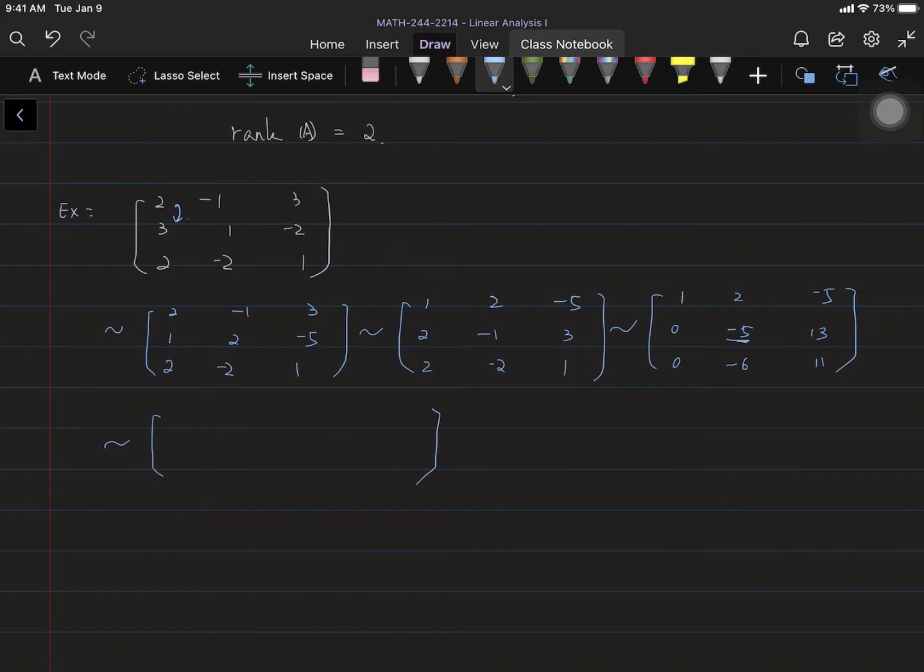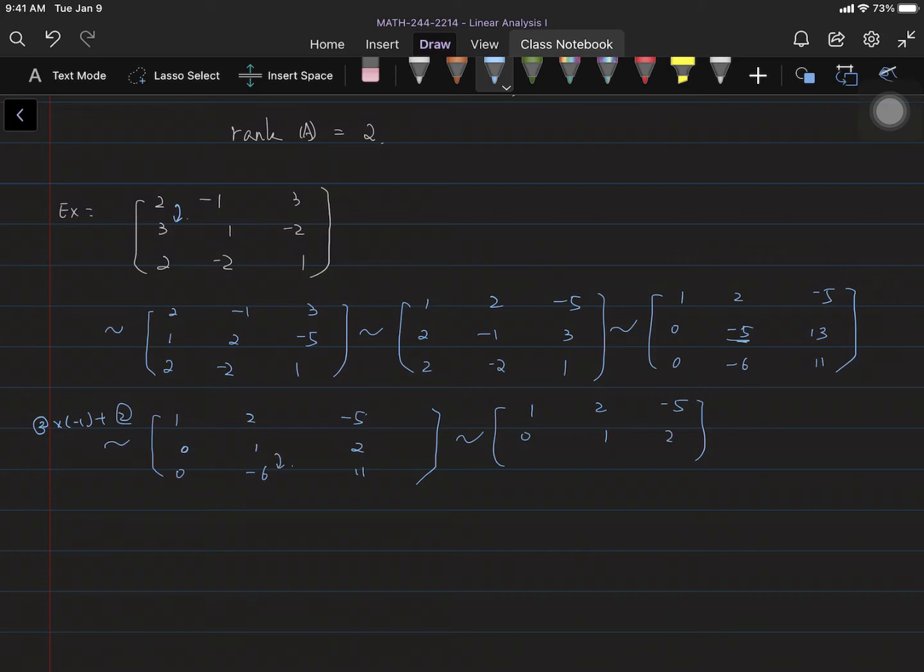We can use row 3, the -6 there. Row 3 times -1 added to row 2. 0, 1, and there should be 2. Right?